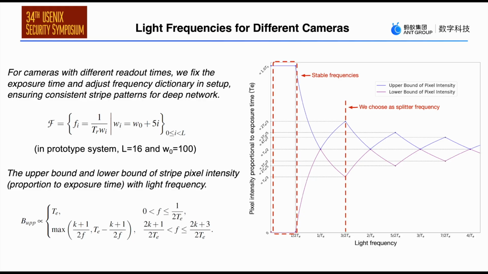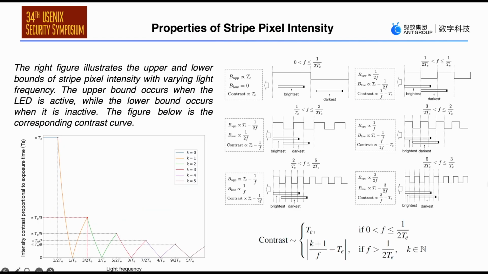The splitter frequency, with 34 pixel width and enhanced contrast, that is exposure to 1/3 exposure time, ensures accurate probe extraction.